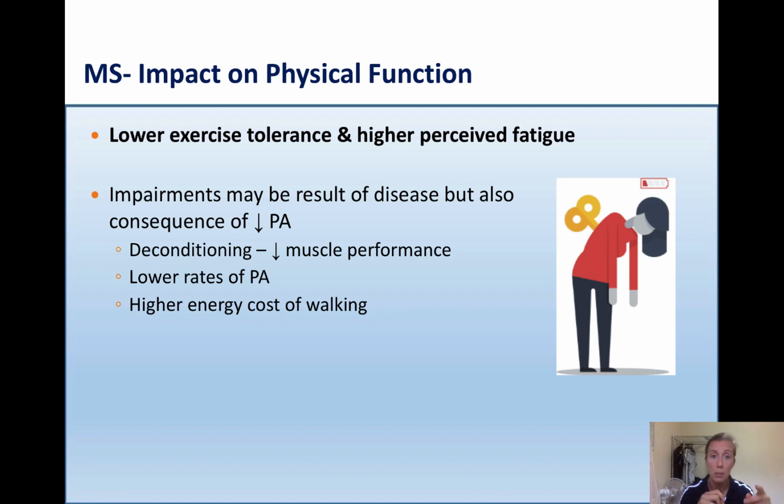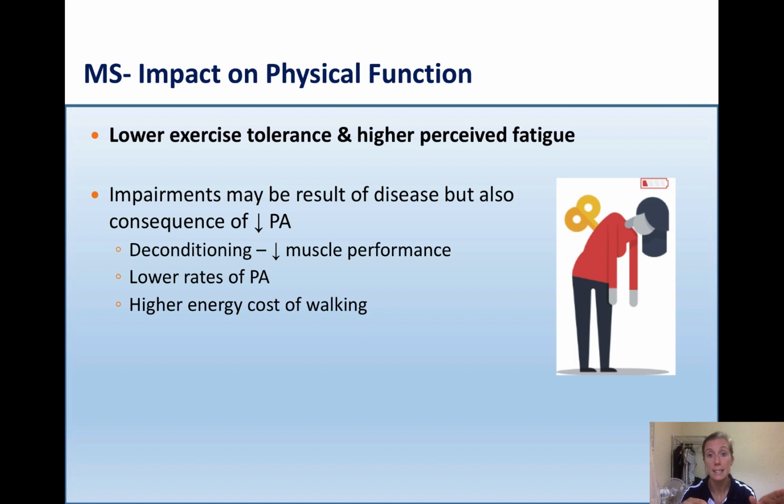Now, these impairments, the exercise intolerance and the higher fatigue, might be a result of the disease, but they're also no doubt a consequence of reduced physical activity in individuals with MS. We've talked about this many times over the semester: the vicious cycle of deconditioning. As we have a disease condition, we have more barriers to being physically active, so we become more physically inactive, with deconditioning of the muscles and the cardiovascular system.